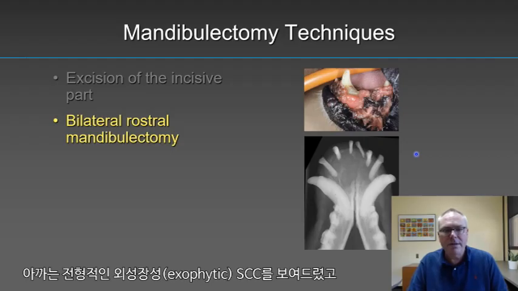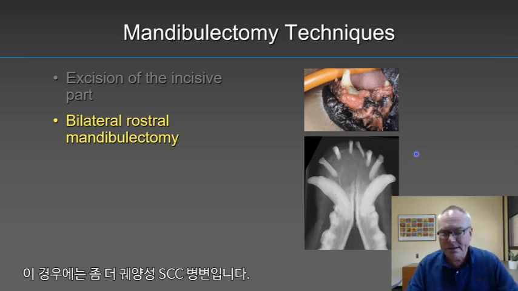We've already seen an example of a typical exophytic tumor, or a squamous cell carcinoma presenting as an exophytic tumor. Here we see an example of a squamous cell carcinoma that presented more like an ulcerative lesion.